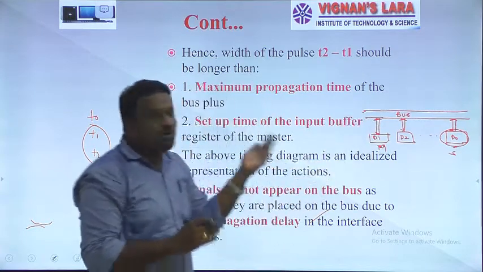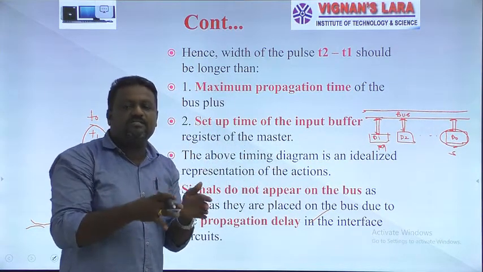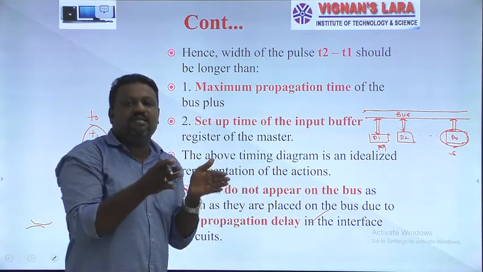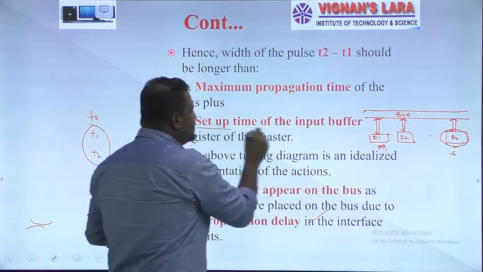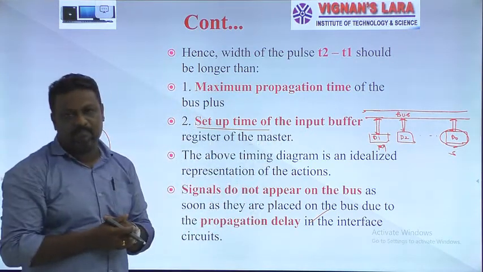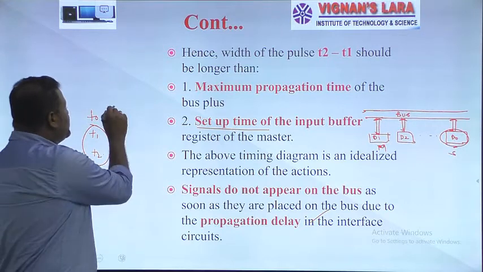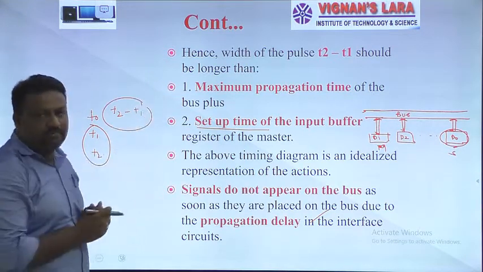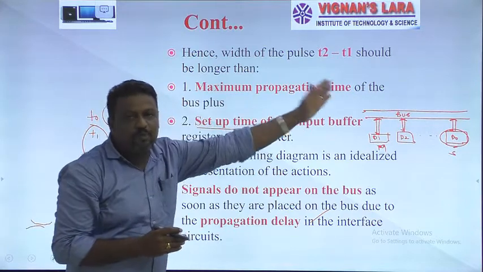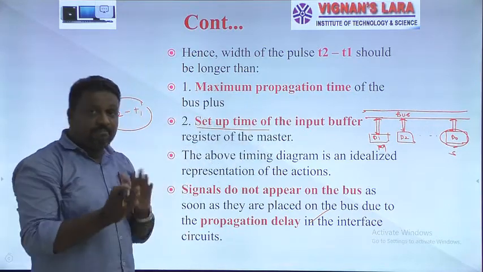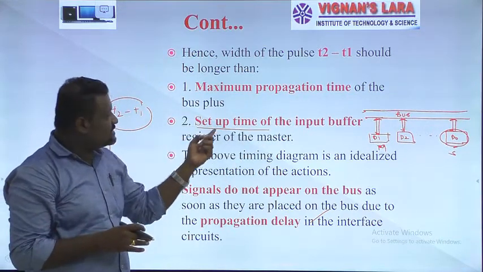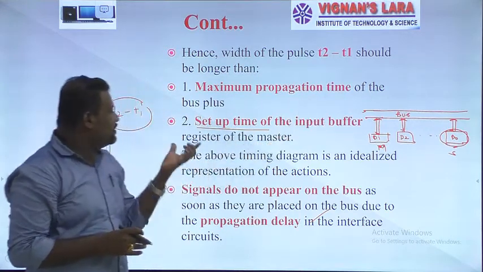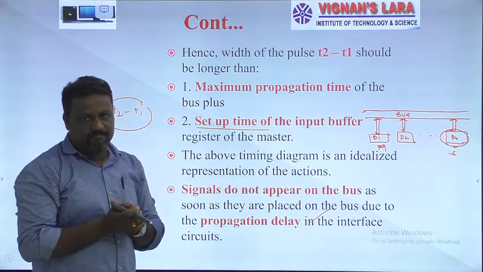The received data is copied into the input buffer register. Doing that takes a certain amount of time, which we consider the setup time. So the period T2 minus T1 depends on two important parameters: one is the maximum propagation time of the bus, plus the setup time of the input buffer register of the master.